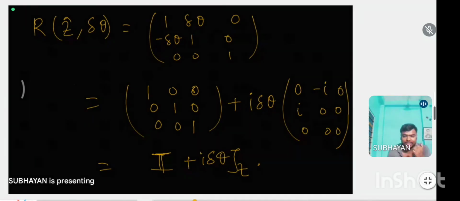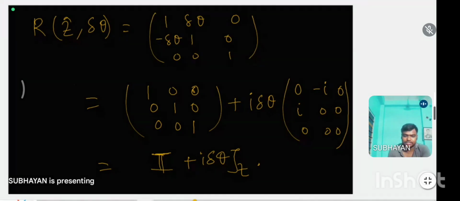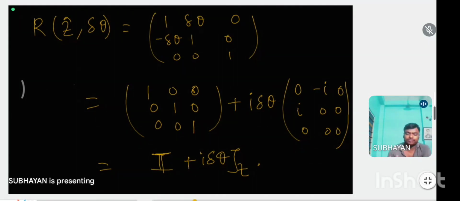And this is obvious because we have already studied the generators of symmetries, and already found that the generator of rotational symmetry is angular momentum. So it is not a new thing to find the inclusion of some generator element in the rotational matrix, the transformation matrix of rotation. So, however, R of z cap delta theta is equal to that.